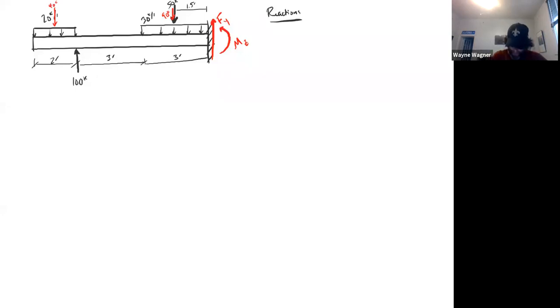Now to do the reactions, the sum of forces in y is luckily pretty easy. We've got negative 40 plus 100 minus 90 minus 50 plus Fy equals 0.